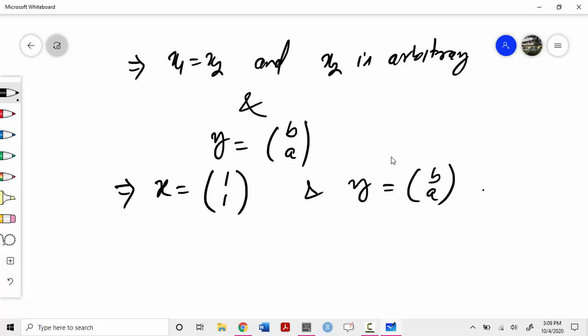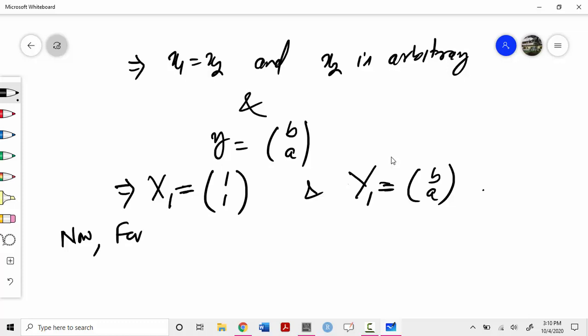Now, this is capital X1, this is y1 corresponding to eigenvalue 1, x1 equal to (1, 1) and y1 equal to (b, a).